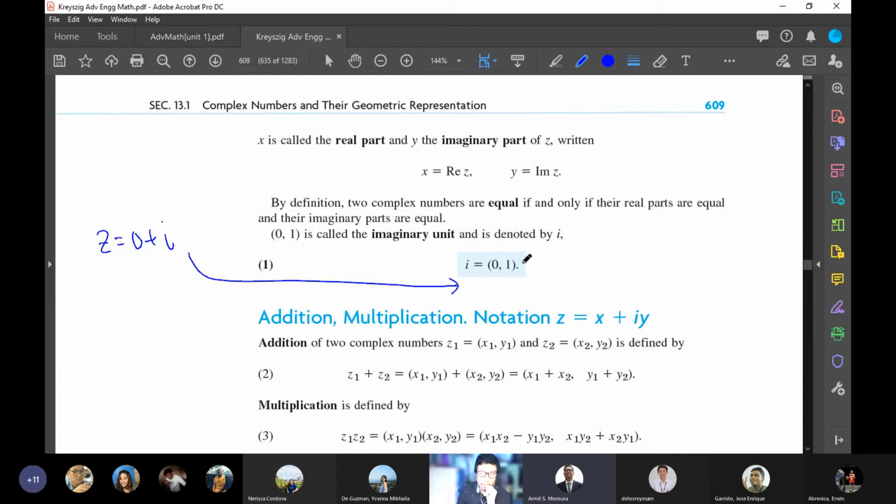So, kaya nag-aral kayo ng addition of fraction, multiplication of fractions, or addition of integers, multiplication of integers, and so on. So, we will also do that here.